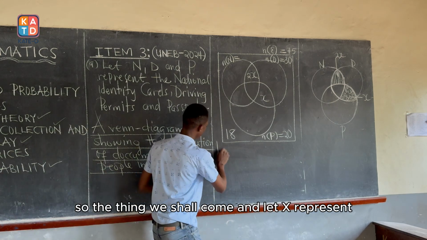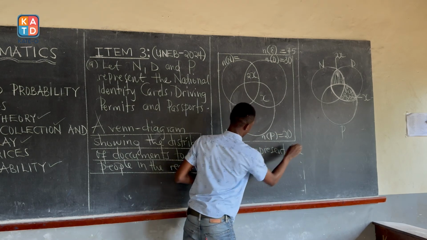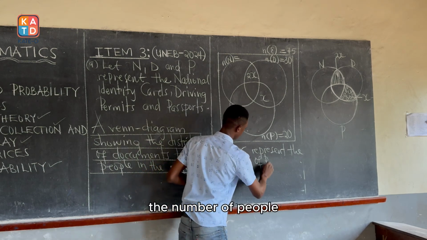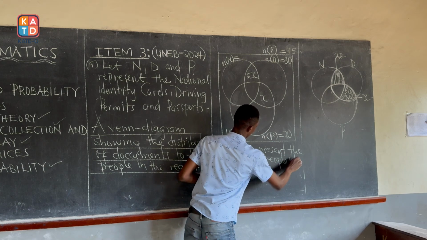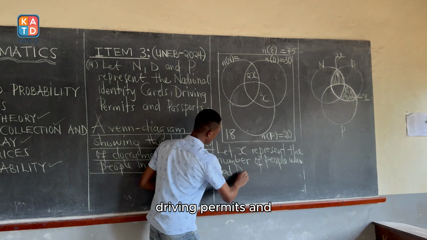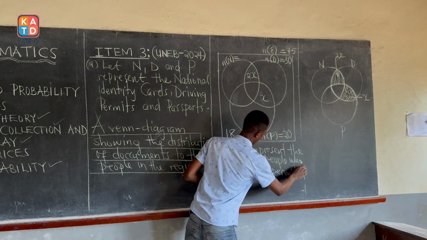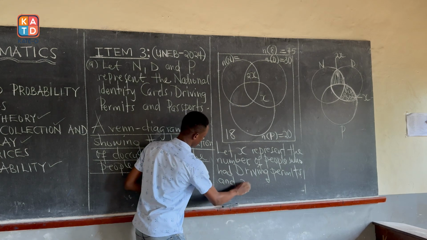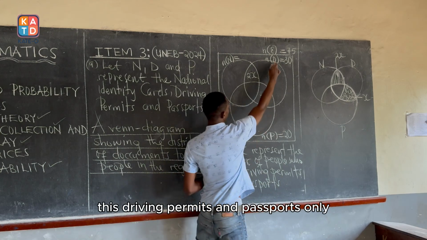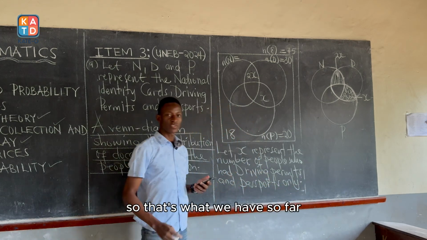So let X represent the number of people who had driving permits and passports. These driving permits and passports only. So that's what we have so far.